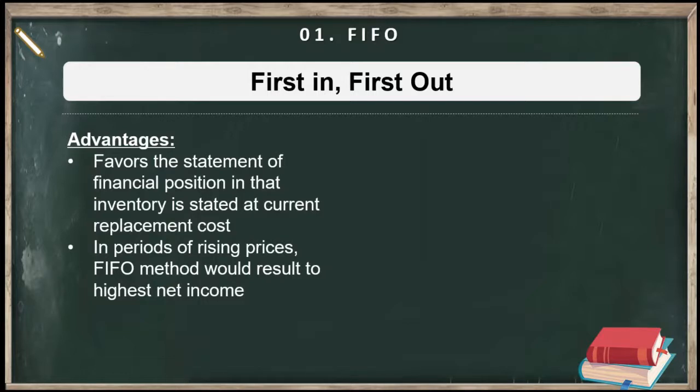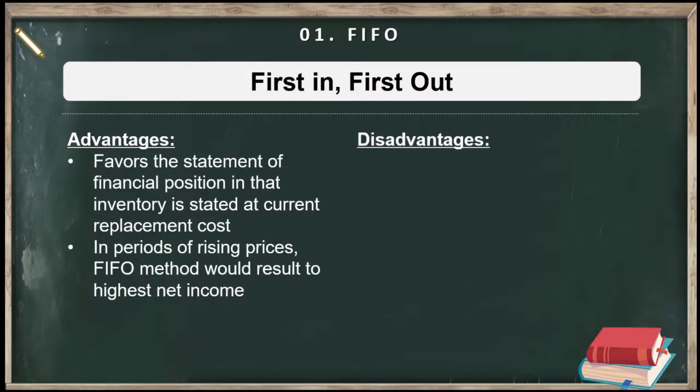And the old prices, mag-inflation, ang old prices is mas barato compared sa new nga prices. So if our cost is lesser and then the selling prices are high, it will result in a greater gross profit. Mas dako atong ginansya and would result in a high net income.